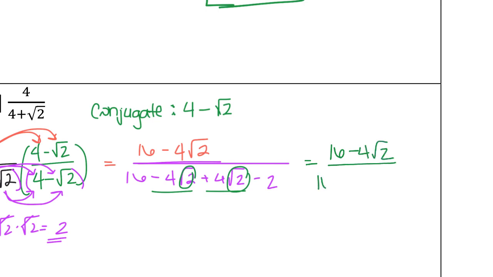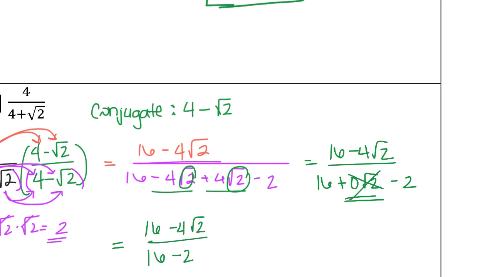So I have 16 plus 0 square roots of 2 minus 2. Well, 0 times anything is going to make a 0, so that we can ignore. So I have 16 minus 4 square roots of 2 over 16 minus 2. Well, 16 minus 2 makes 14.